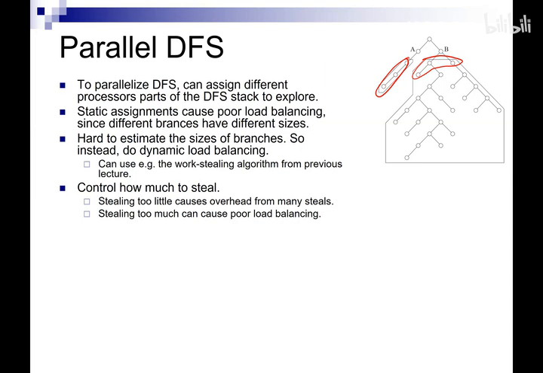If a process ever runs out of stuff to do, so its queue becomes empty, it just goes to another process's queue and takes some stuff out of it. Because it doesn't know which other process has stuff in its queue, it'll just go to a random or some arbitrary process. So we have some way of selecting who to go steal from.